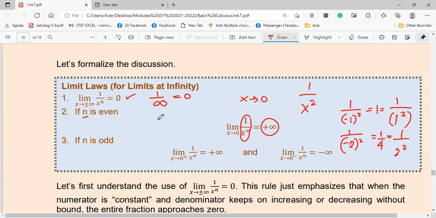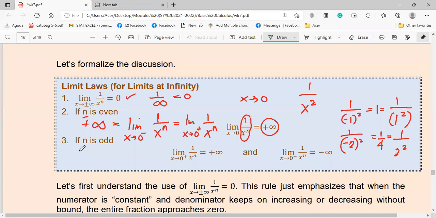Ibig sabihin ito, class, ang rule na ito, ang kanyang ibig sabihin is, ang limit ng 1 over x raised to n as x approaches 0 from the left ay katulad lang din ni limit ni 1 over x raised to n as x approaches 0 from the right. And they are both equal or approaching infinity. They keep on increasing.